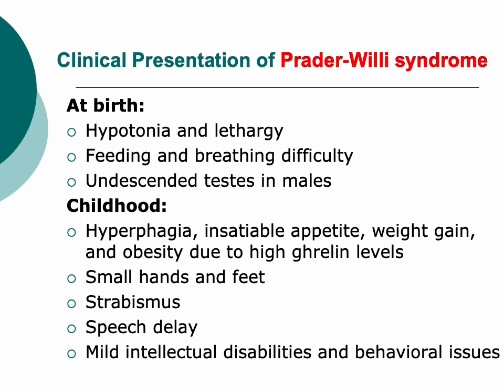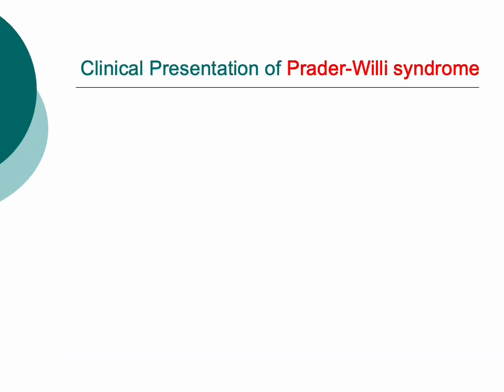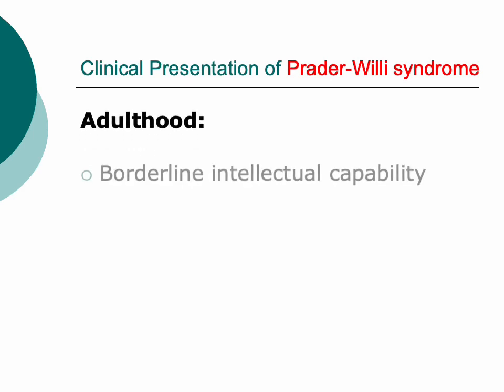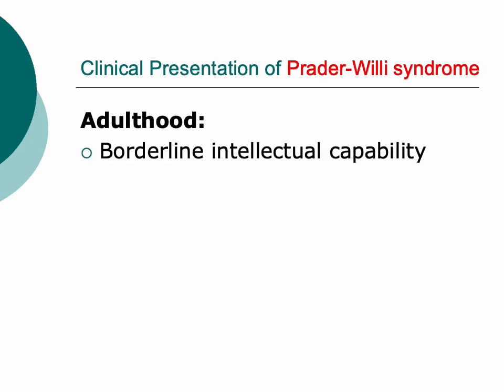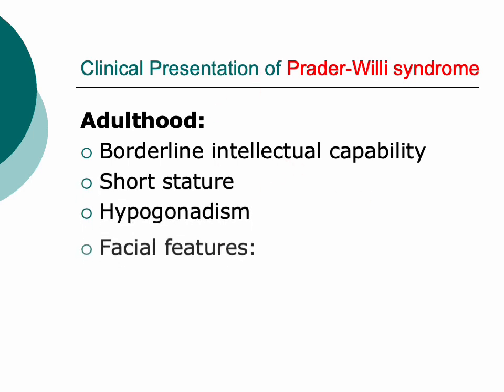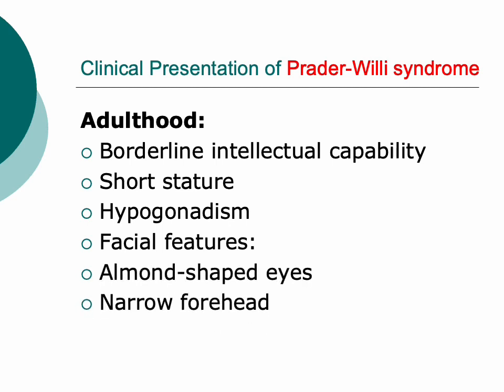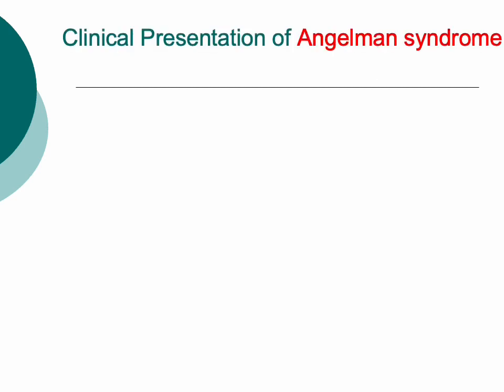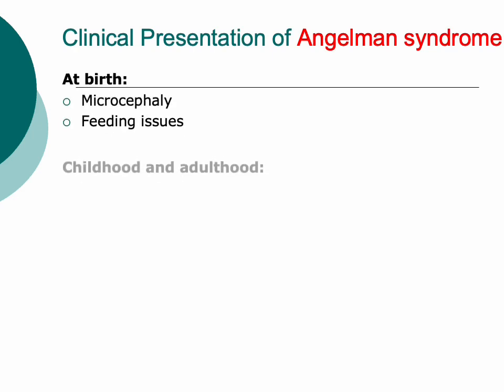They also have mild intellectual disabilities and behavioral issues. During adulthood, these individuals would have borderline intellectual capability, short stature, hypogonadism, and some facial features such as almond eyes, narrow forehead, and triangular mouth. For Angelman syndrome at birth, they would have microcephaly and feeding issues.